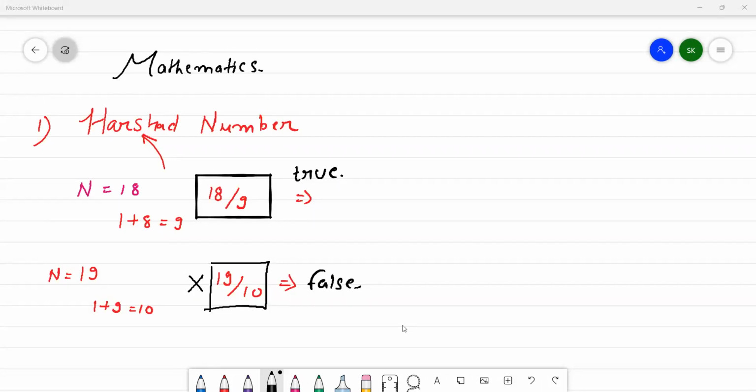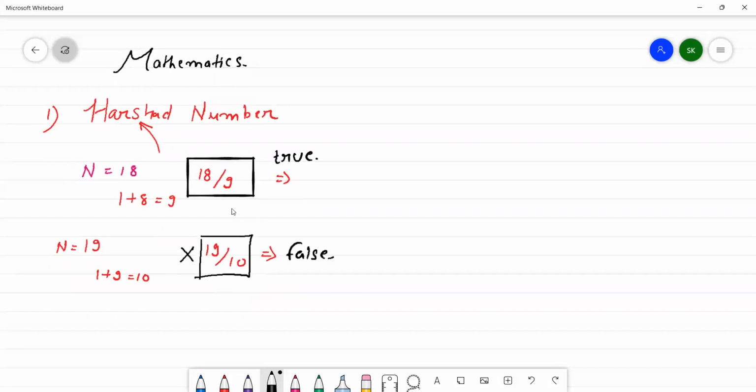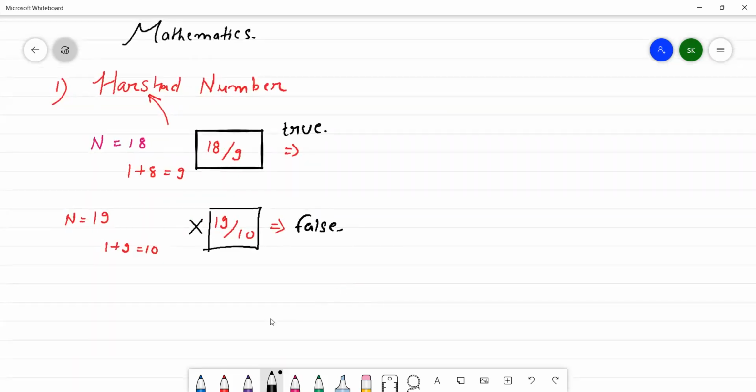Okay, great. So all of you must be knowing how you can find the sum of digits, because we also discussed that in our basic maths problems. How many of you don't know how to find the sum of digits?